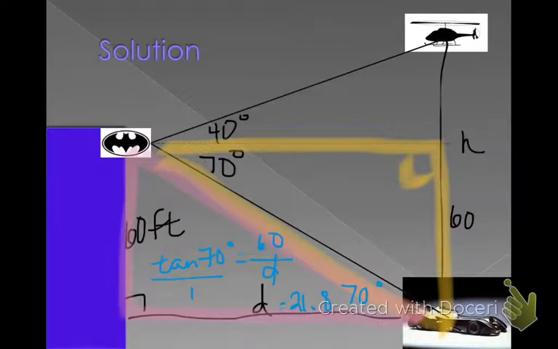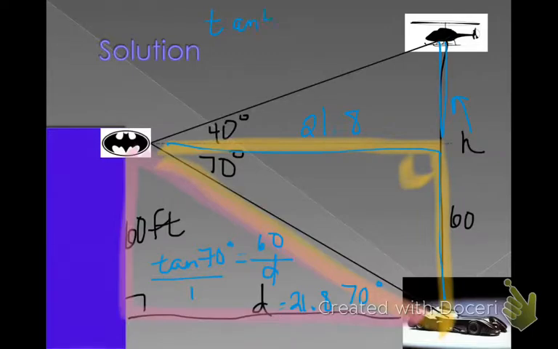In order to solve for the height, we also need to solve for this height right here. We already know this piece is 60, so we just need to find out this remaining piece up here. And we already know that this piece is 21.8, which gives us the known side of the triangle and the unknown side of the triangle. So we can set this up again.